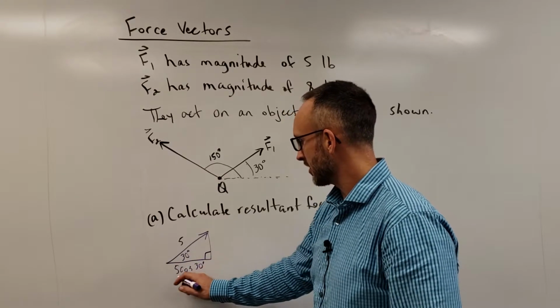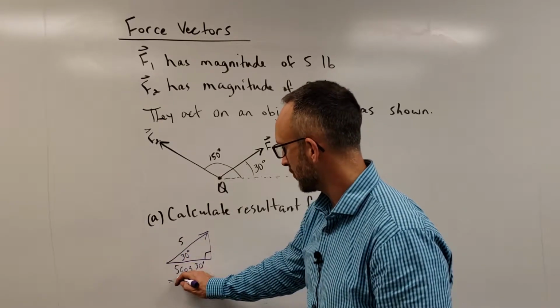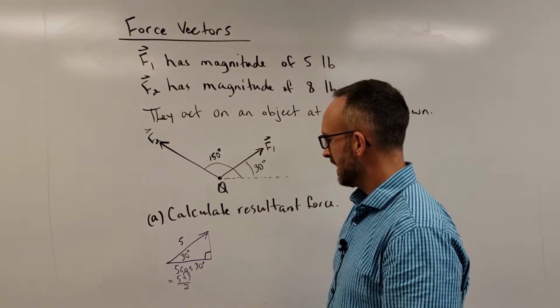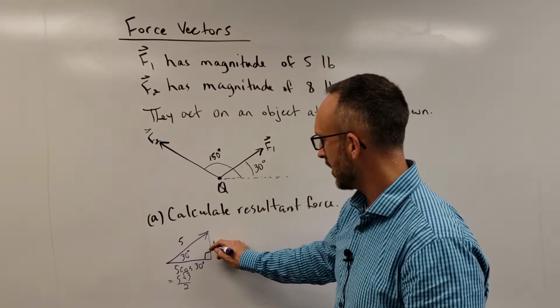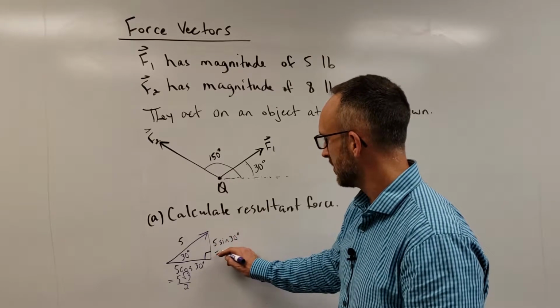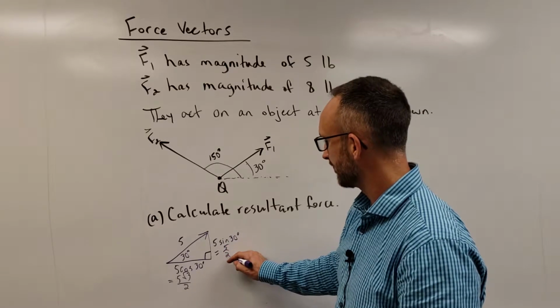You can do that in your calculator if you want, but it happens to be 5 times the square root of 3 over 2. So 5 square roots of 3 over 2. And the vertical component would be the hypotenuse, 5 times the sine of 30 degrees, which is 5 times a half. So that's 5 halves.